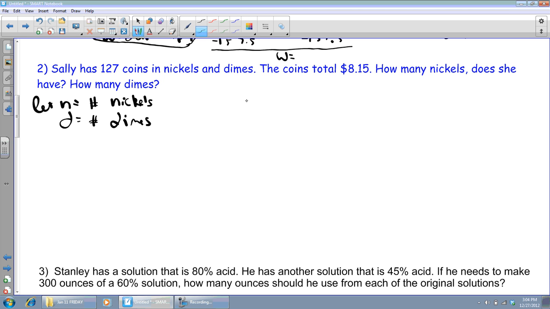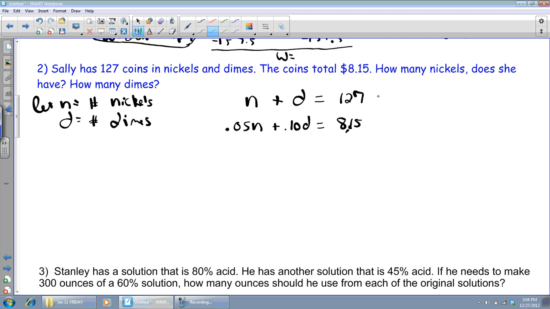Well, I'm going to need the number of nickels plus the number of dimes, and that's going to equal 127. Then I'm going to multiply the nickels by their value, multiply the dimes by their value. So it's the money from the nickels plus the money from dimes, and that's going to equal the total money, $8.15.